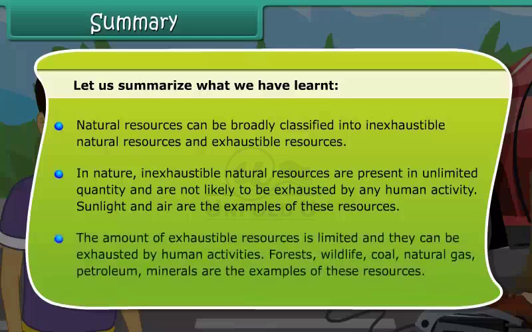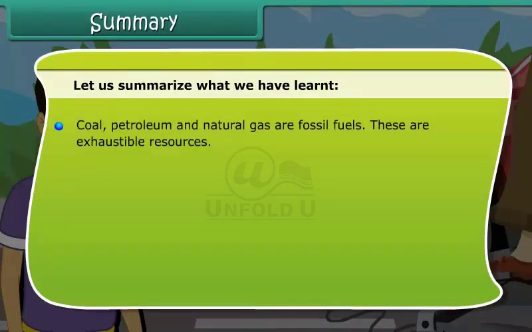The amount of exhaustible resources is limited and they can be exhausted by human activities. Forests, wildlife, coal, natural gas, petroleum, minerals are some examples of these resources. Coal, petroleum, and natural gas are known as fossil fuels. These are exhaustible resources.